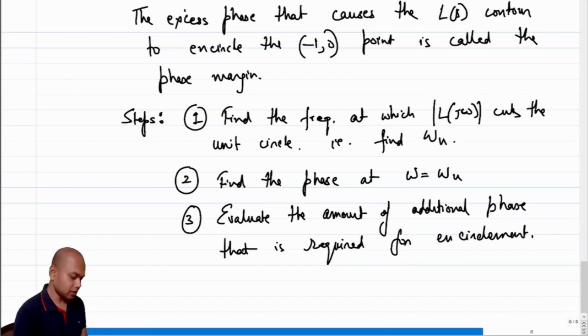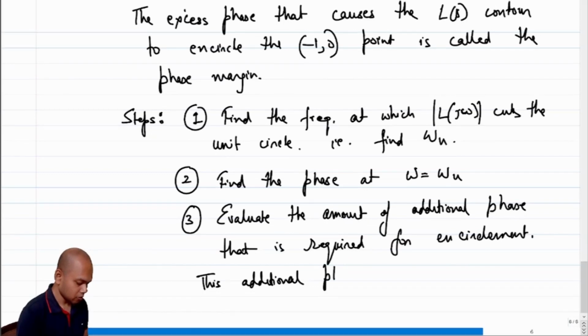This additional phase is the phase margin.